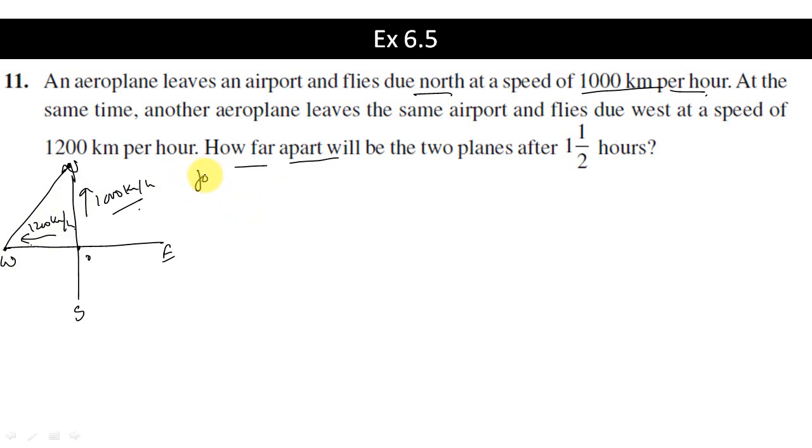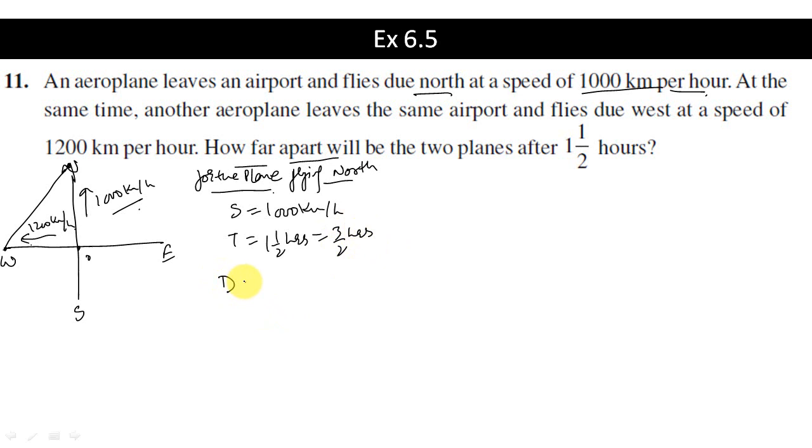So for the plane flying north, so for the plane which is flying due north, the speed is 1000 km per hour and the time is 1.5 hours, or I can say 3/2 hours.